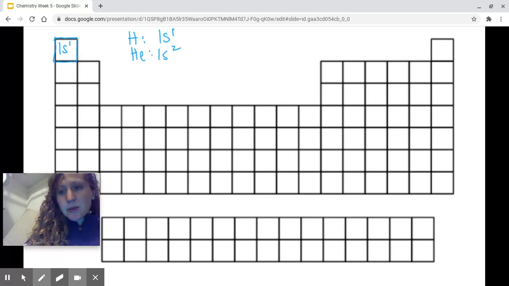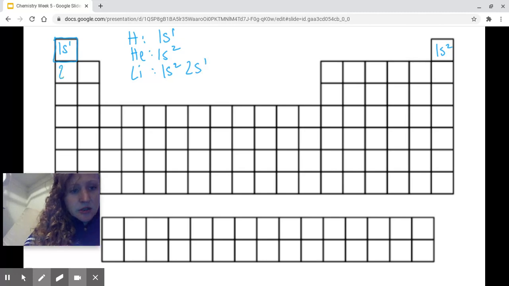So in helium's box, I'm going to write 1s2. All right, lithium is next. Lithium is going to be the same as helium, only 1s2. It has 3 electrons, so the third electron goes into 2s1. All right, and we're just going to keep going across the periodic table like that.